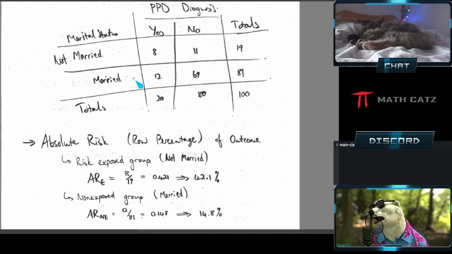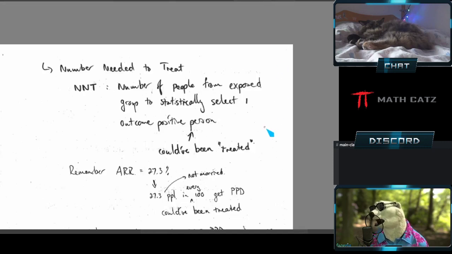Now, I want to catch one of those people. I can't just pick one. Chances are I won't get one. I need to pick a good number so that 27.3% of them will have postpartum depression, and I want at least one whole person. So let's think about this. Remember this difference, 27.3%.